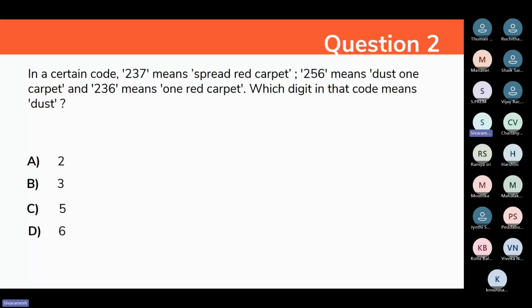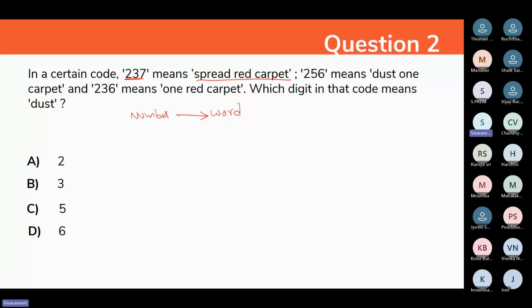Here actually, if you observe the question, in a certain code, 237, they have given 3 numbers. And if you observe the words spread red carpet, from this we can understand that for each number they have given one word, correct?